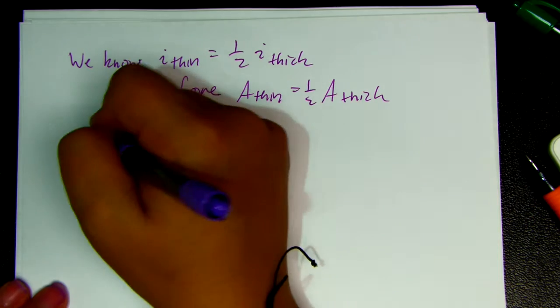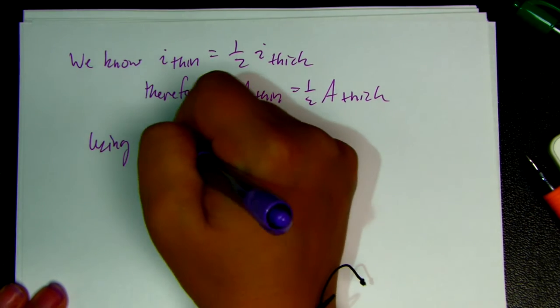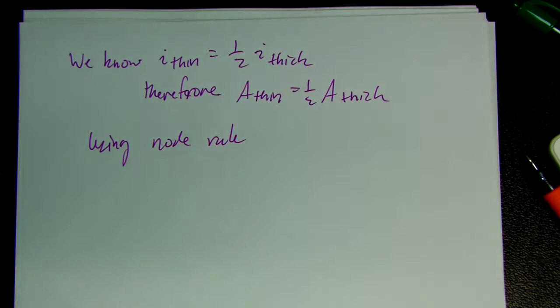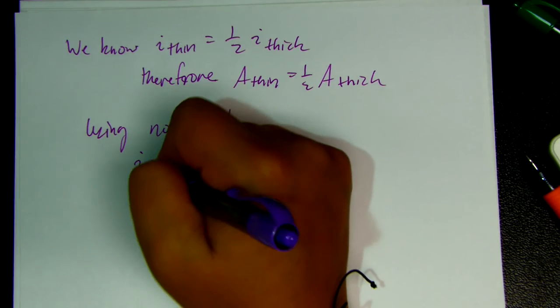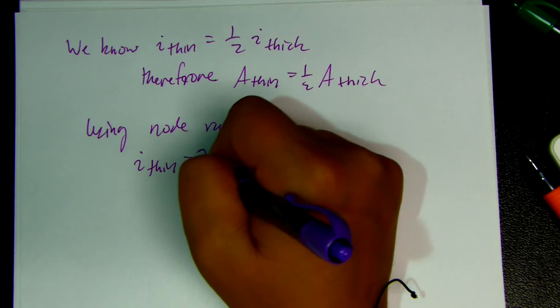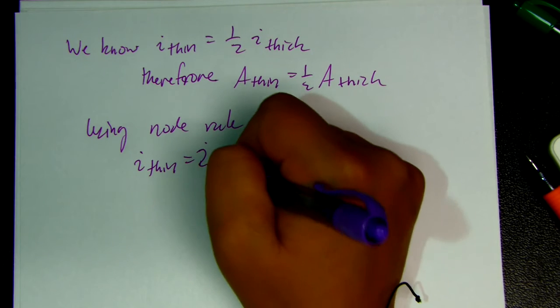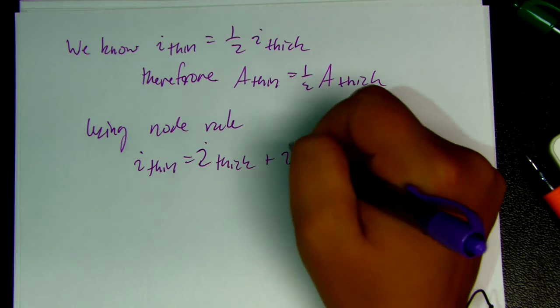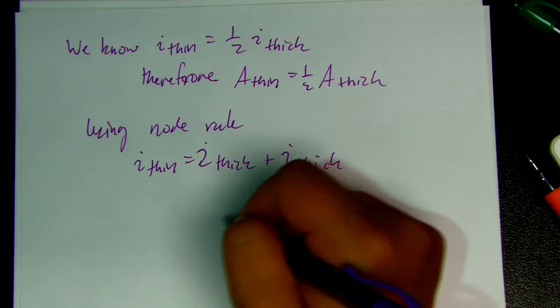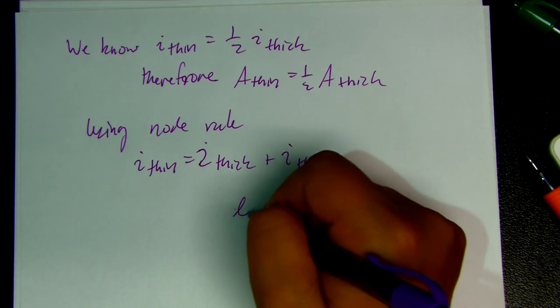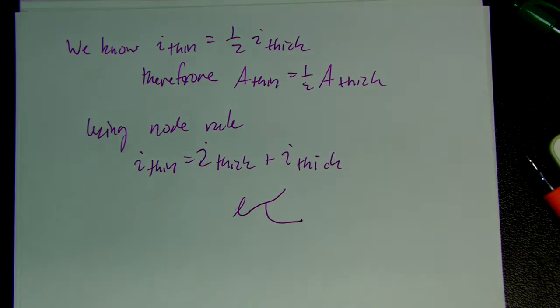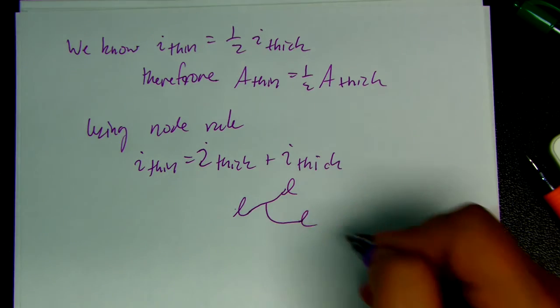And then, using node rule, we know that I thin is equal to I thick plus I thick, since it branches into two different branches.